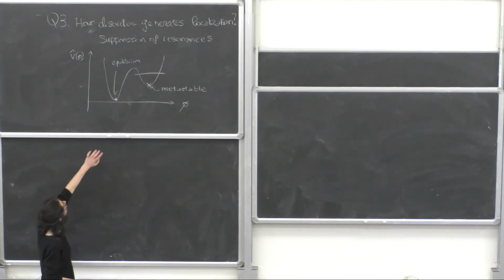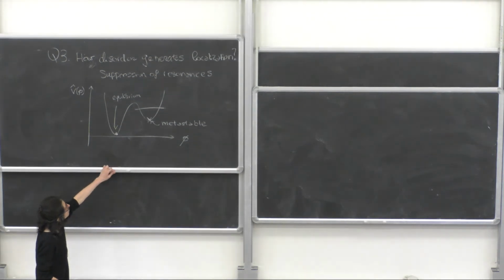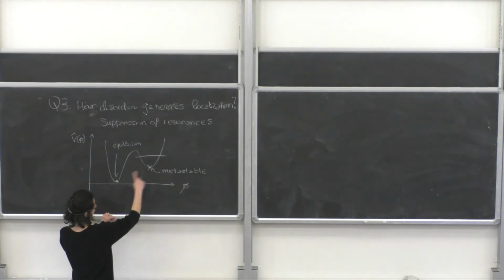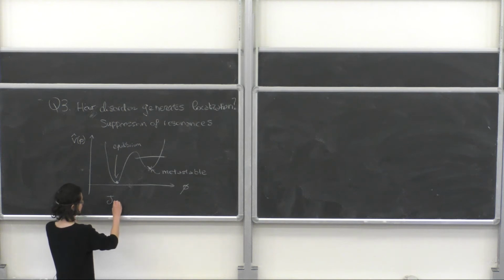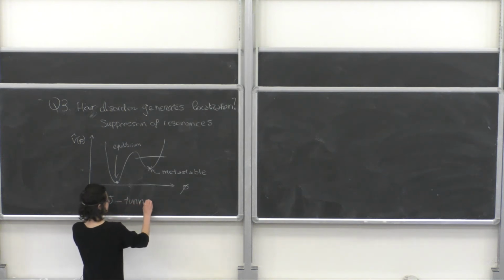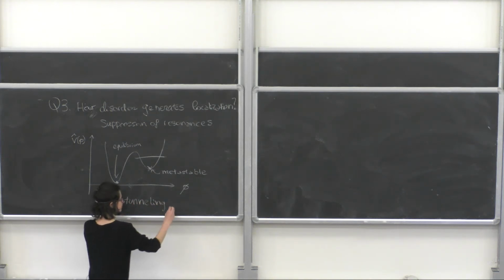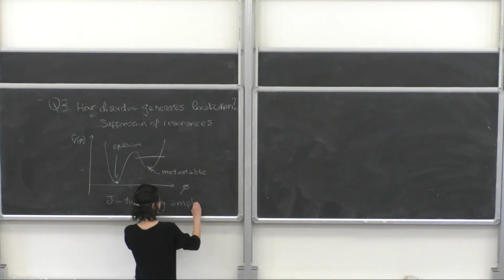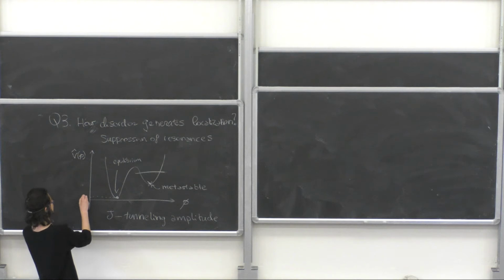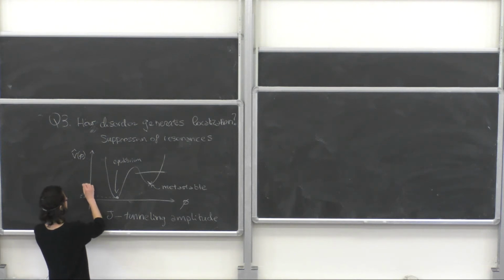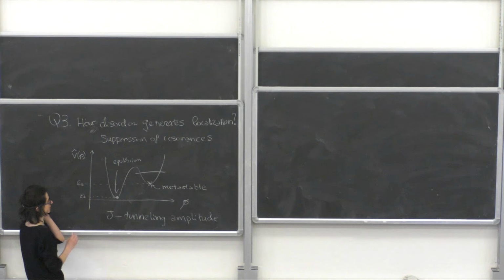So let's assume that you compute semi-classically, for example, what is the tunneling amplitude to go from here to here, and you encode it into some constant J. And then this value of my potential, I call it E1. The metastable energy, I call it E2.